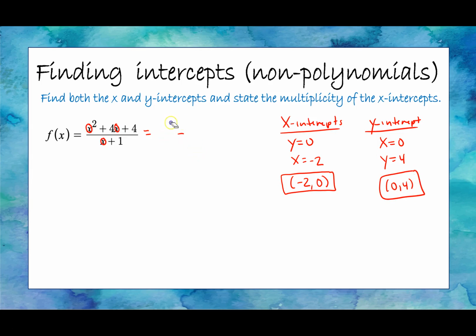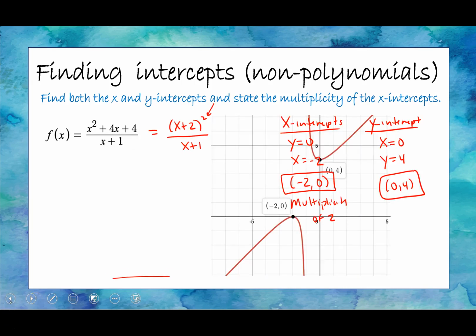All right, folks, last thing that we need to do is figure out what our multiplicity is of our x-intercept. And just as a reminder, we found that the numerator was x plus 2 quantity squared over x plus 1. So because of this 2, we do have a multiplicity of 2, which means it is going to bounce at that spot.